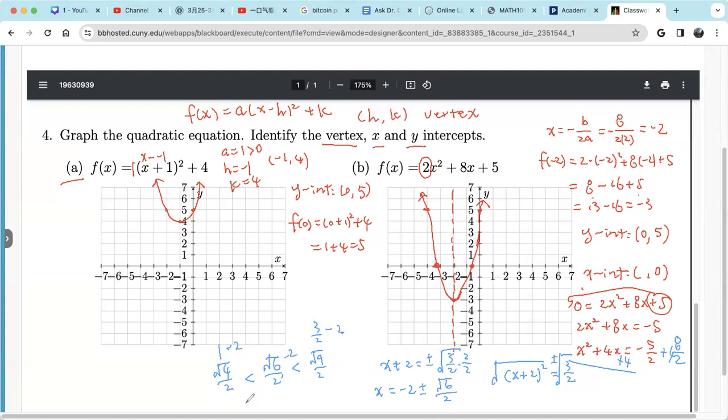Then that number is in between negative 1 and negative a half. So exactly, that's this number in between. That's negative 2 plus square root of 6 over 2. And the other point is negative 2 minus square root of 6 over 2. It's in between negative 3 and negative 4. Okay, that's it. That's classwork 23.